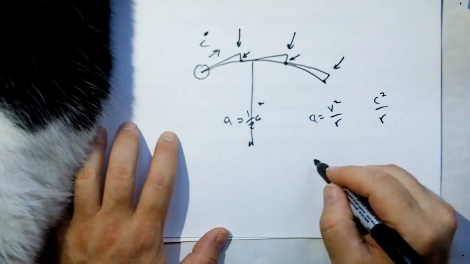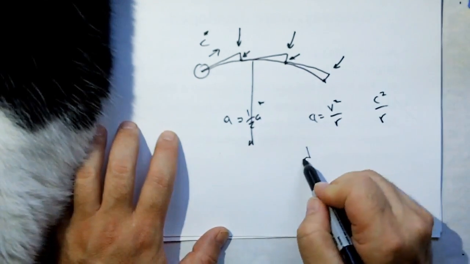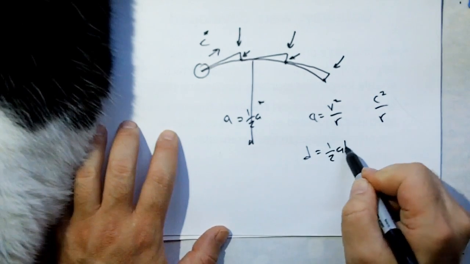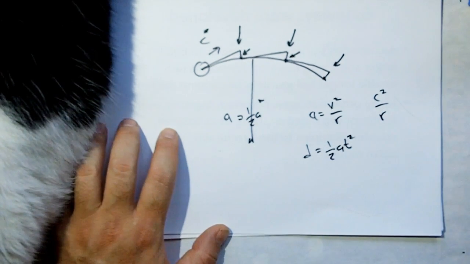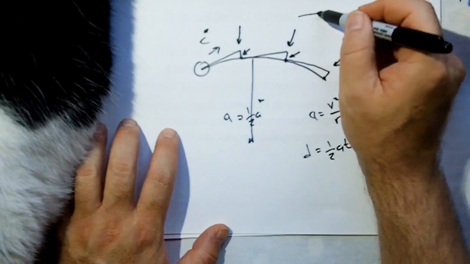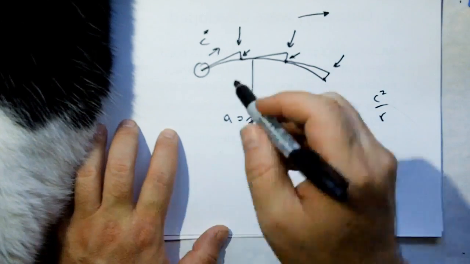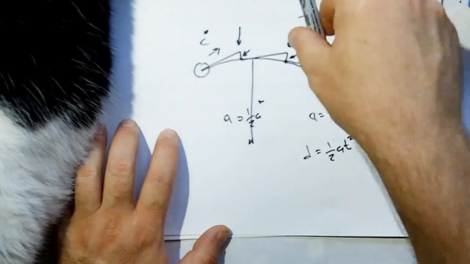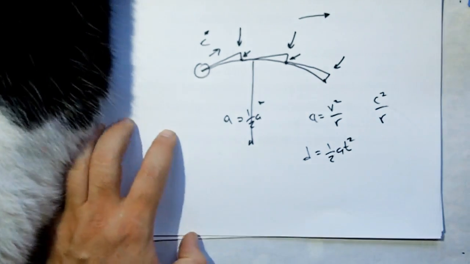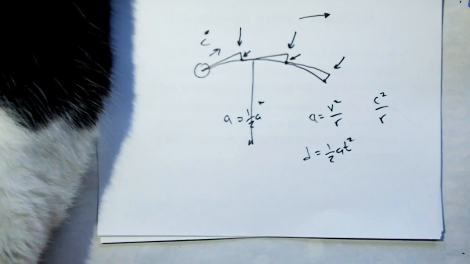We can just do the simple thing you learn in physics, where distance is equal to 1/2 at squared. And you actually get a number doing it this way. But this doesn't really ring true either, because this is derived assuming that the acceleration is always in the direction of your motion. In this case, our motion is changing.